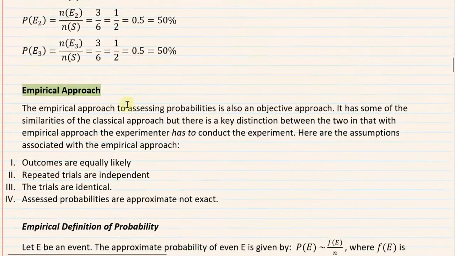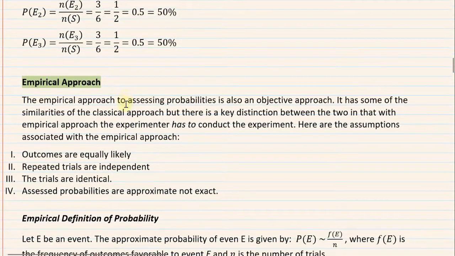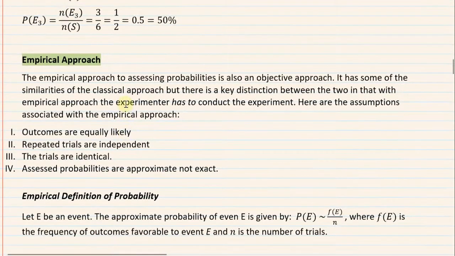Okay. Now let's take a look at the last approach to probability. This is the approach that we will be taking going forward. It's the empirical approach, or empirical probabilities, as they call them. Some call these experimental probabilities because they are driven by the experiment.